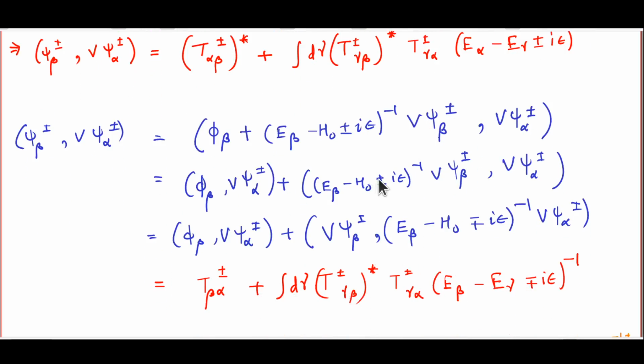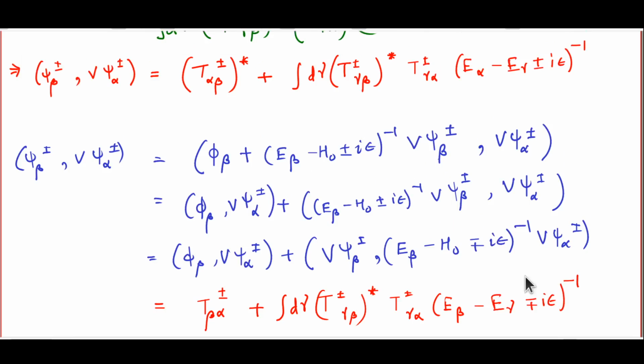By carrying out an exactly similar calculation as the one I had already done a few minutes earlier, and I'm not going to bore you with a repeat of that, you can easily check that this is going to be equal to T plus minus beta alpha plus the integral over gamma T plus minus gamma beta star T plus minus gamma alpha, E beta minus E gamma minus plus I epsilon inverse.